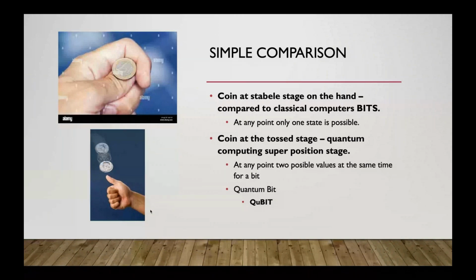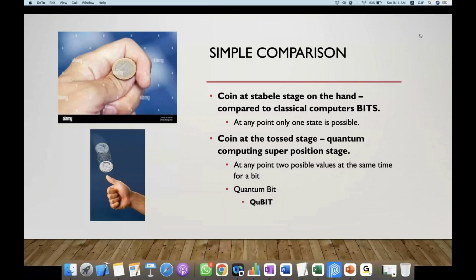Hope I'm making sense, right? The coin at the stable state, you can compare to classical computer bits. A coin in the tossed state could be compared to the quantum computing superposition state, where it can have both heads and tails at the same time, and these are called qubits.